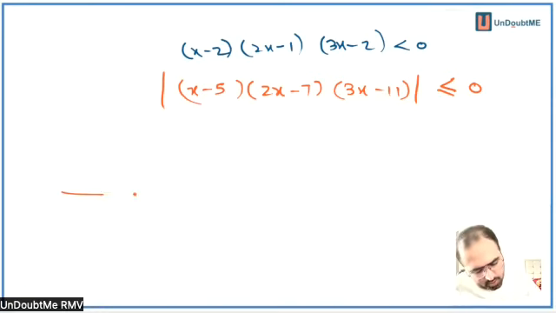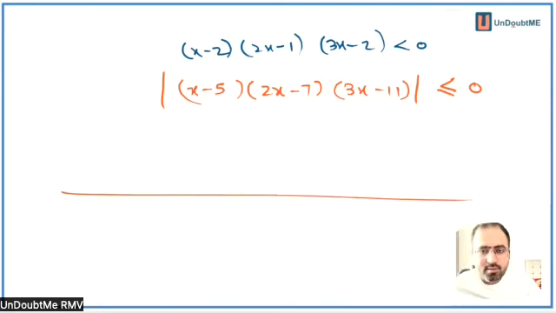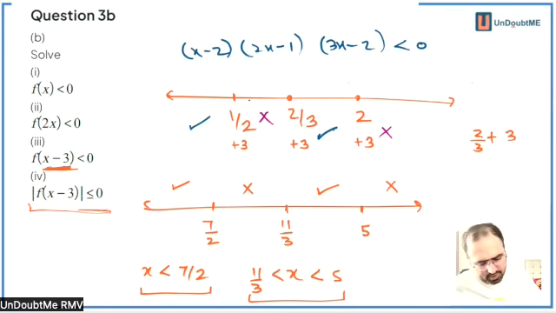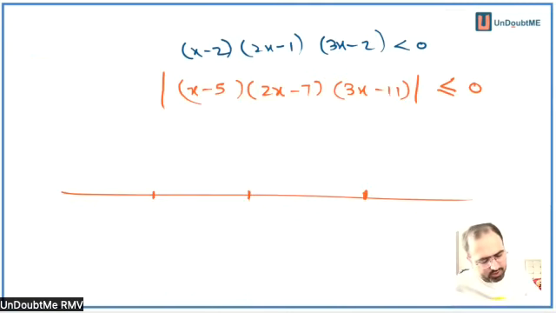To draw the graph in the simplest way, we will just take these zeros. So I have 5, I have 7 by 2, and I have 11 by 3. Same thing, 7 by 2, 11 by 3, and 5.